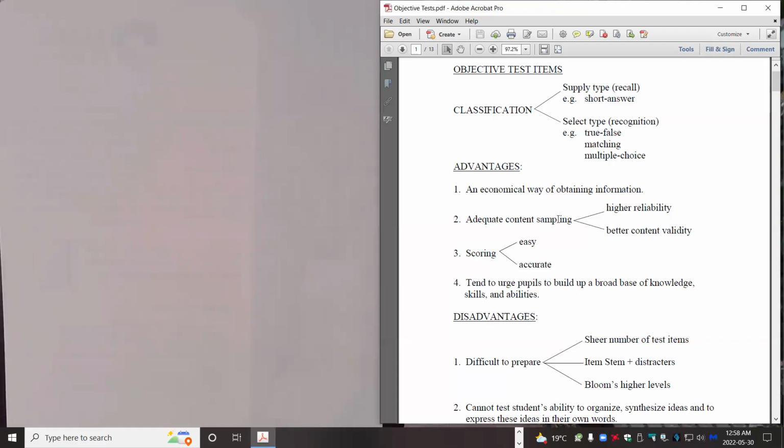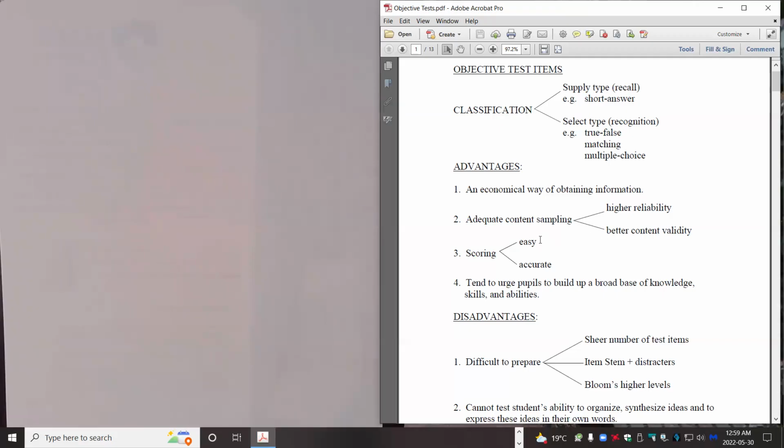Adequate content sampling, because of longer tests, means higher reliability. And because we have broader content sampling, the likelihood is good that we have better content validity, meaning the test measures what the test purpose intends.